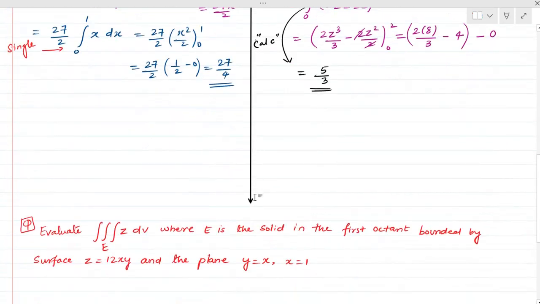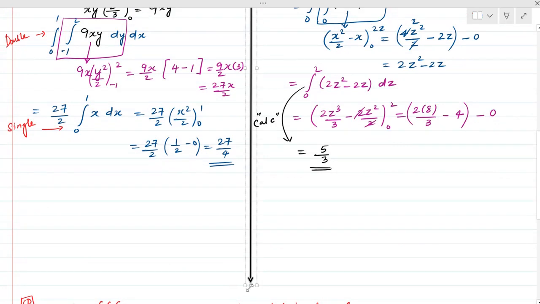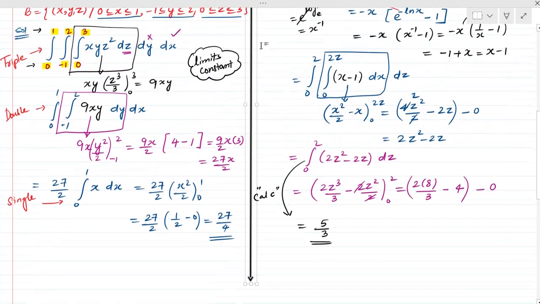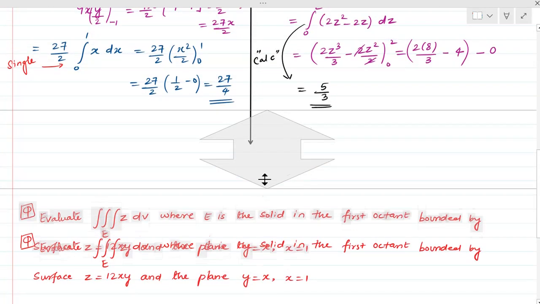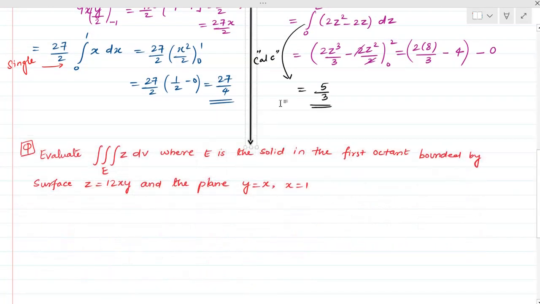Now the next problem is a special problem in which you don't have a limit and you have to find the limit from the graph. Mostly the graph will be given in the question. So here the graph is given in the question. In the solid space you have x, y and z.